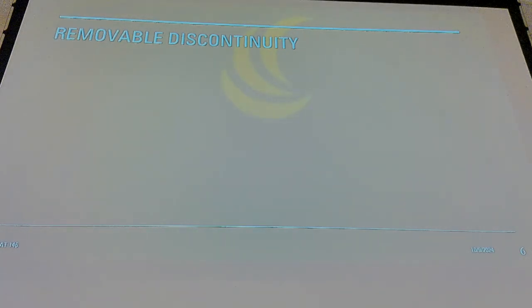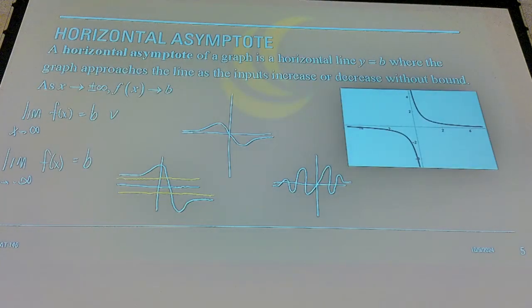Right, the idea of continuous. Clearly that first plot up there is not continuous. However, the other ones that I drew were continuous.